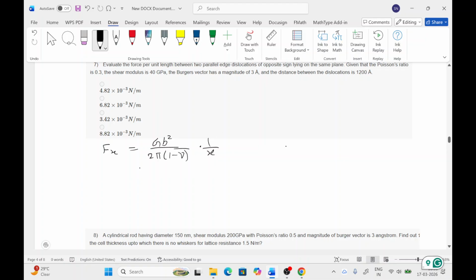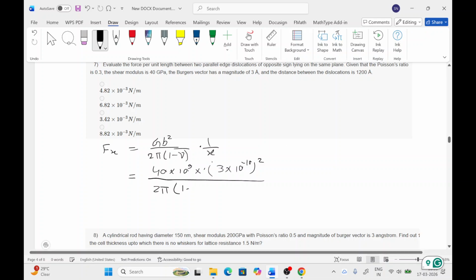So we have been given all values. G is 40 GPa, 40 into 10 to the power 9, into B, the Burgers vector, is 3 into 10 raised to the power minus 10, squared, divided by 2 pi (1 minus Poisson's ratio 0.3) into the distance of 1200 angstrom.